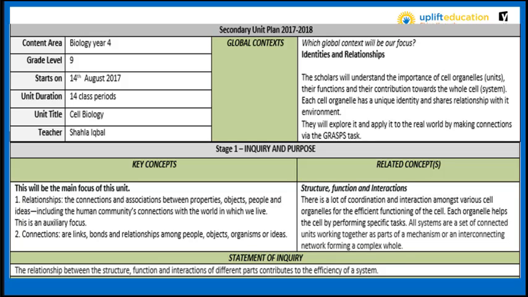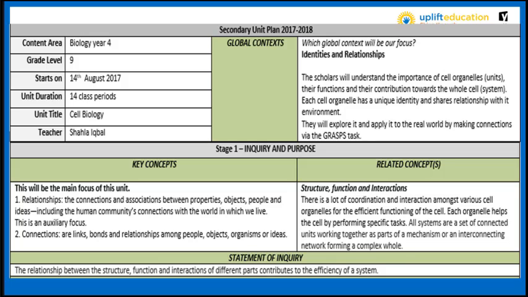Unit plans facilitate lesson planning and ensure that all our lessons are organized, proceed logically, and move scholars towards the mastery of the unit goal. So let's look at the general unit information that comprises the content area, grade level, the starting date, the duration, the title, and the name of the teacher.